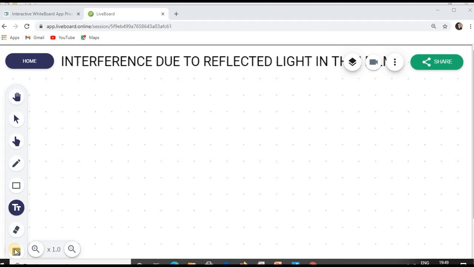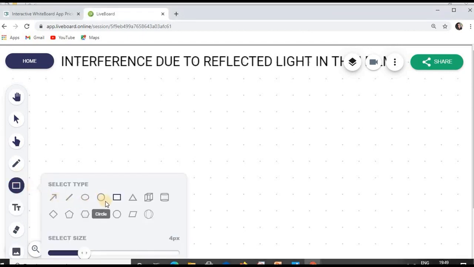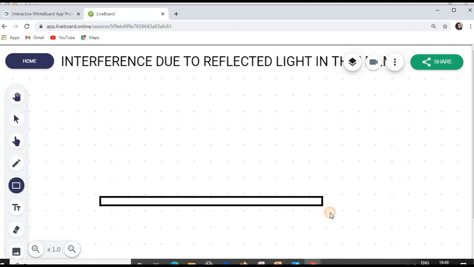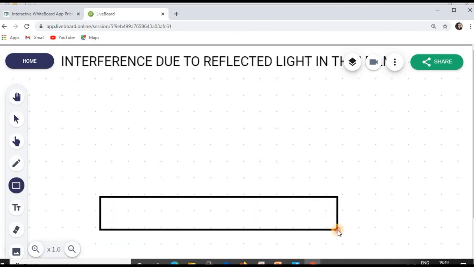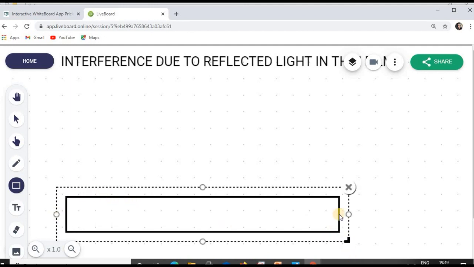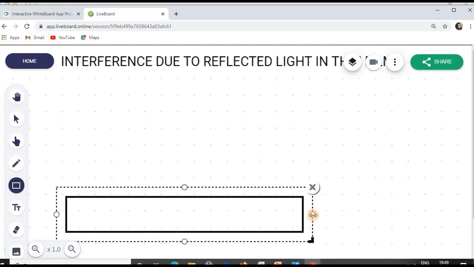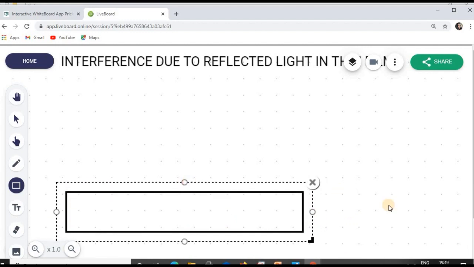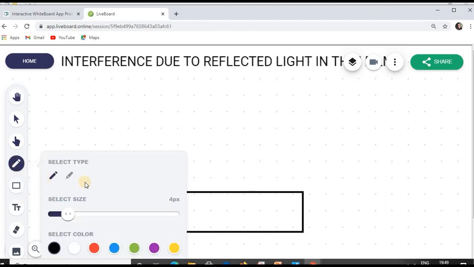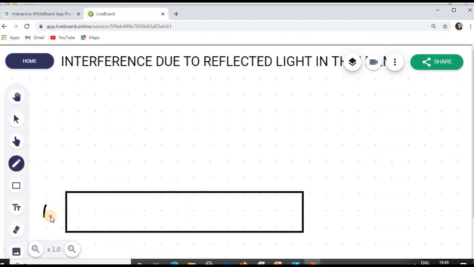So we consider a thin transparent film of uniform thickness T, and T is the thickness of the film.